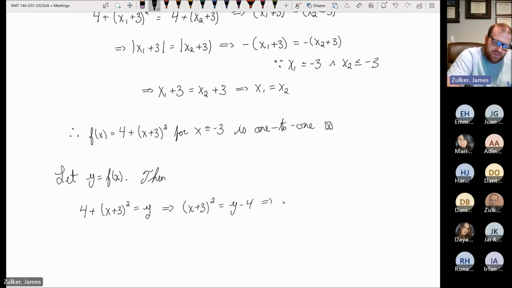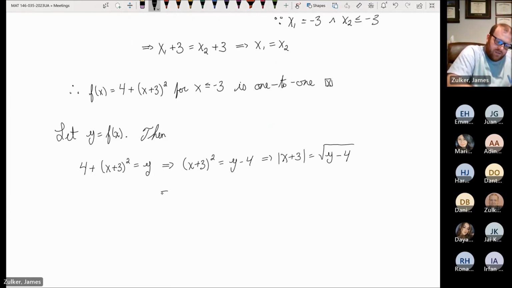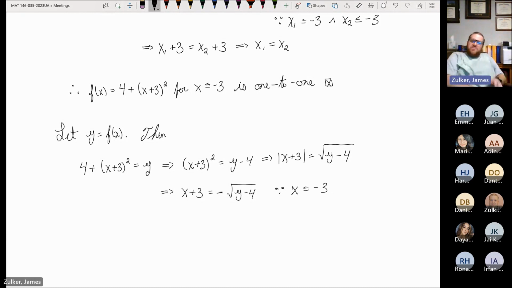Take the square root. Right? But remember that x is less than or equal to -3.